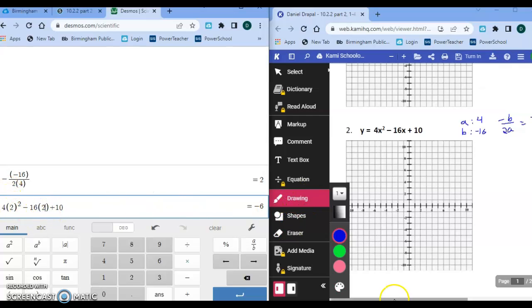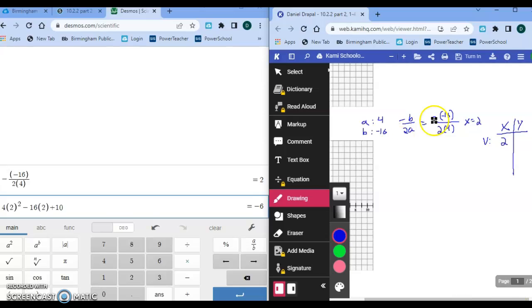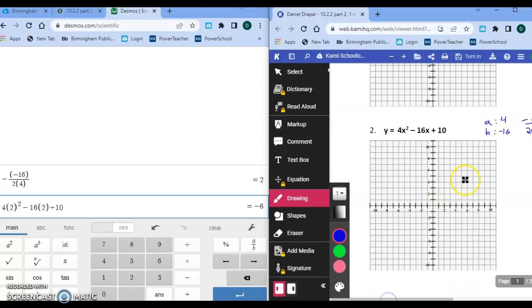And you get -6 as your y value. So that's my vertex. So I go over here and I put in 2, -6. So from here, 2 from the x, -6, and I'm putting a dot there. That's my vertex. And I know because my A is positive that this is going to go up.